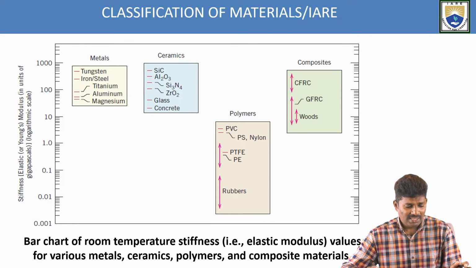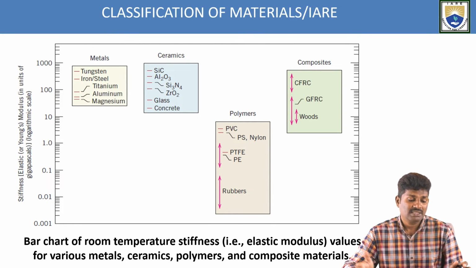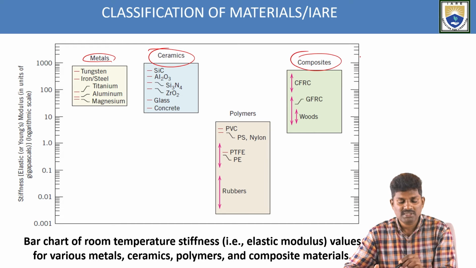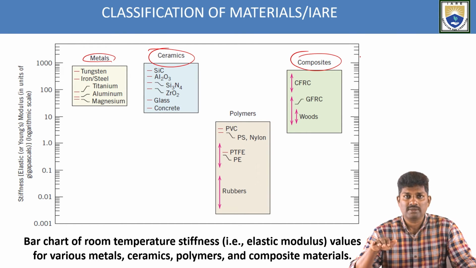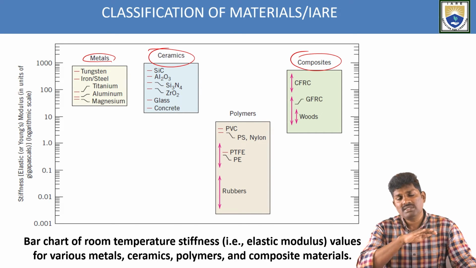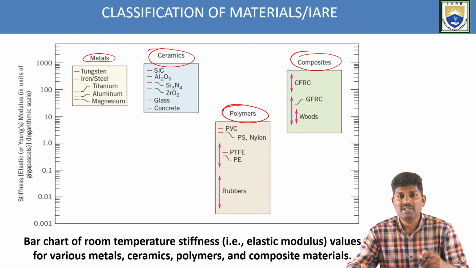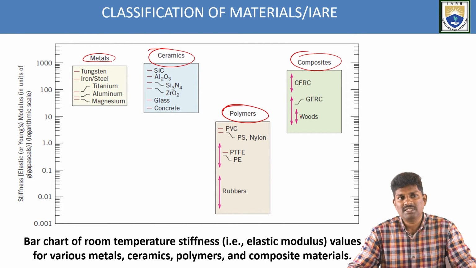And if you see the stiffness or the elasticity, metals, ceramics as well as composites are almost equal to each other. In the stiffness comparison, metals, ceramics and composites have almost the same level of stiffness, compared with the polymers. Polymers will have a lower level of stiffness or elasticity compared with the other three types.